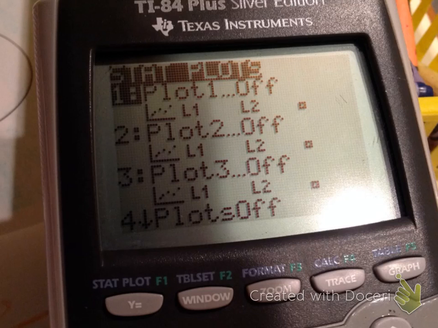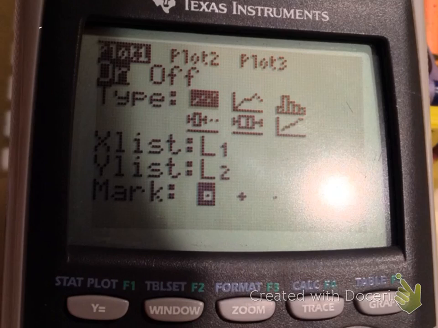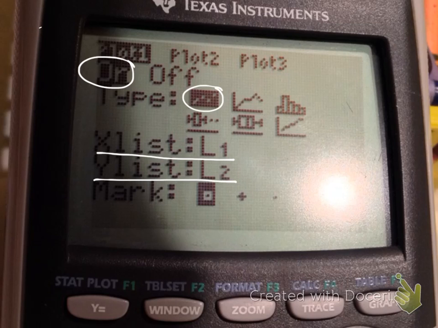And you're going to choose number 1 and hit enter. That'll take you to this screen. Then you want to turn it on, highlight on, hit enter. And then you want the scatter plot chosen. And your X list should say L1 and your Y list should say L2, because that's where you put your data.